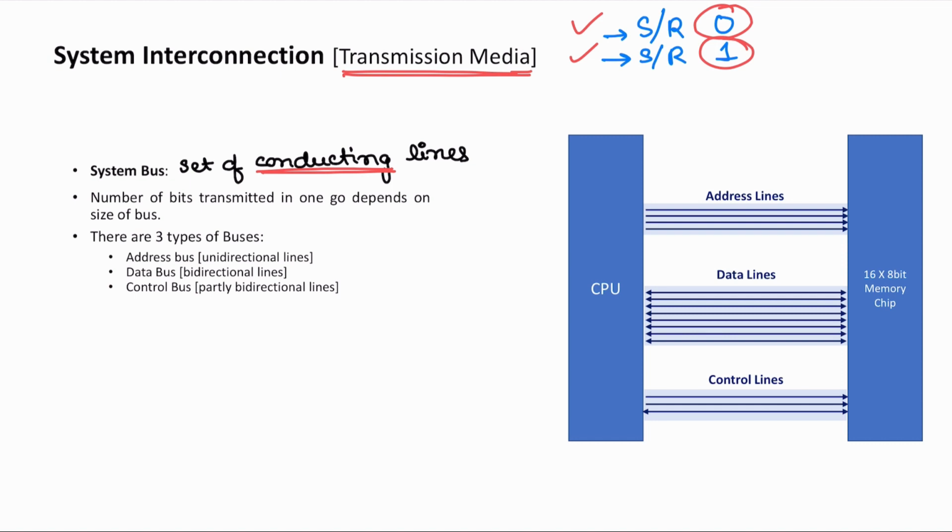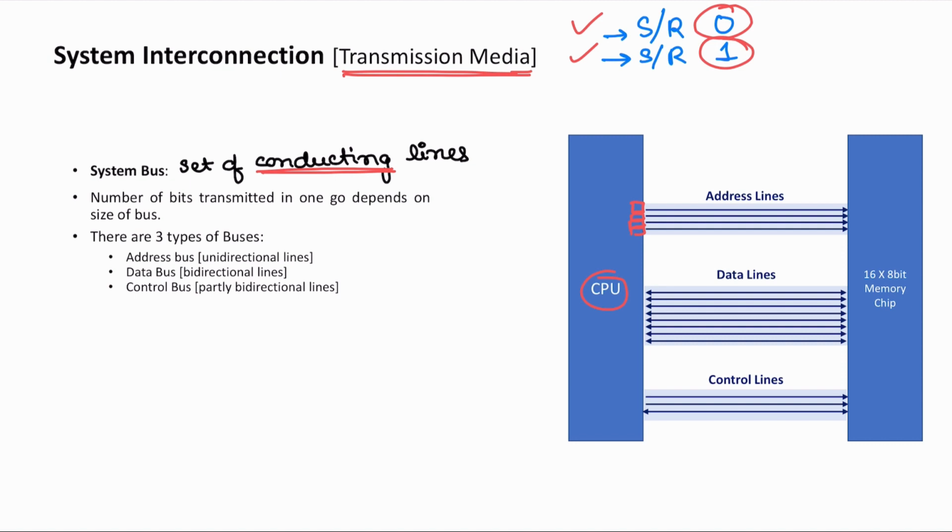So we can assign the two states, current flowing or not flowing, as 0 or 1. Now, the definition of 0 and 1 depends on the type of pin. Each processor or device, like memory, has some number of pins, and one pin is mapped to one line. The definition of 1 or 0 depends on the type of pin the line is attached to.